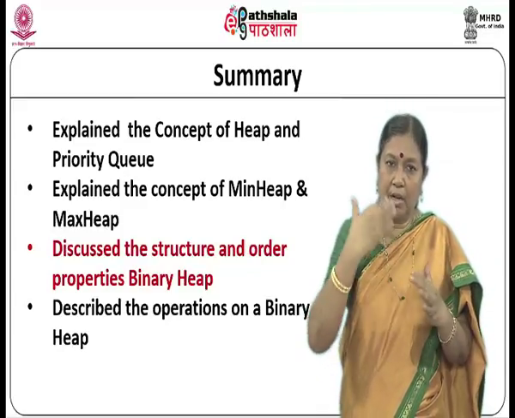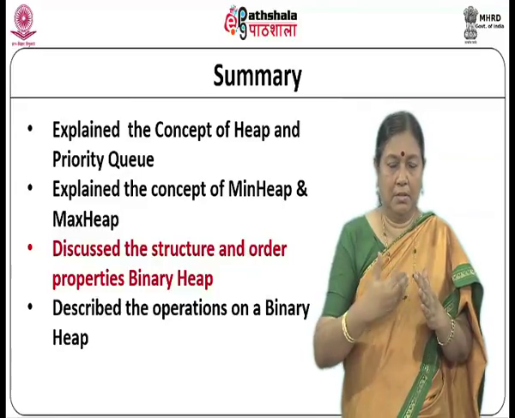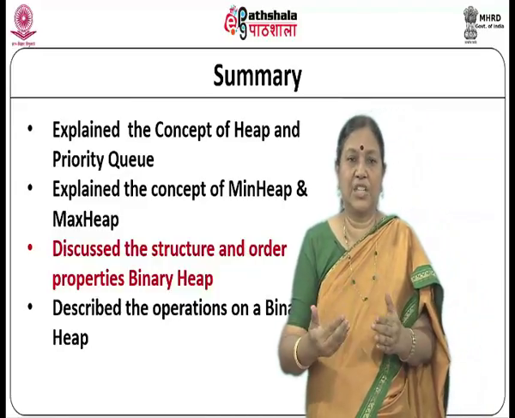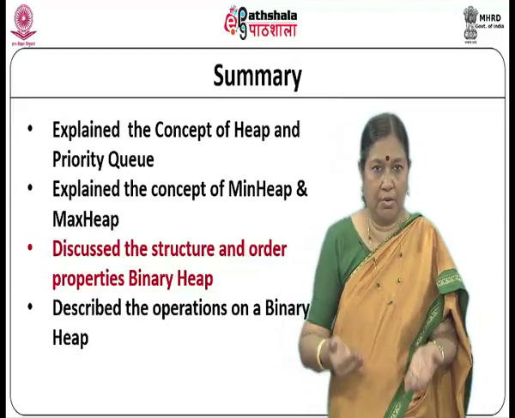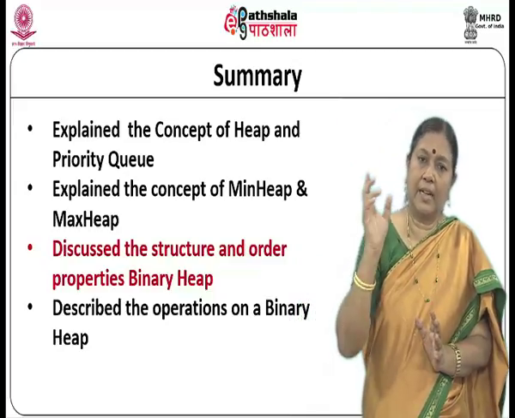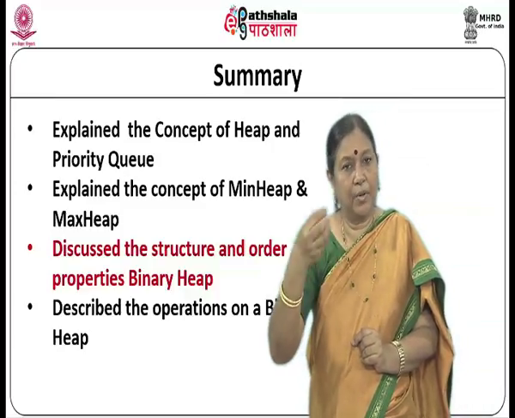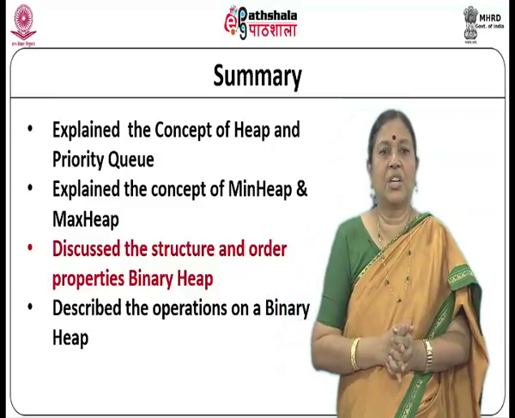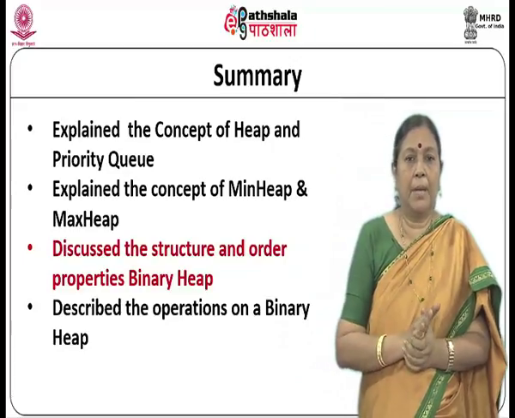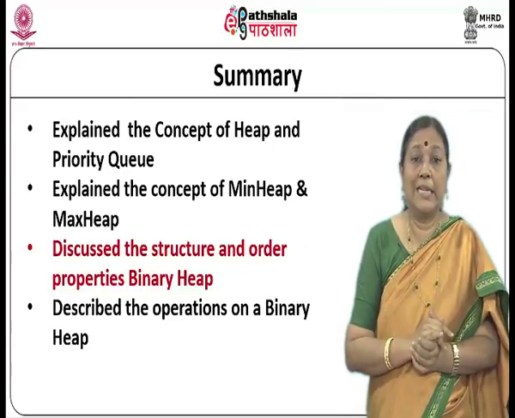Then you reorder it, because you have removed the root element, it is a deletion, so you do the bubbling down. After you do that, again the tree will contain the lowest element at the top, and you keep removing it. So, this is the way in which the min heap can be used for sorting elements in decreasing order.